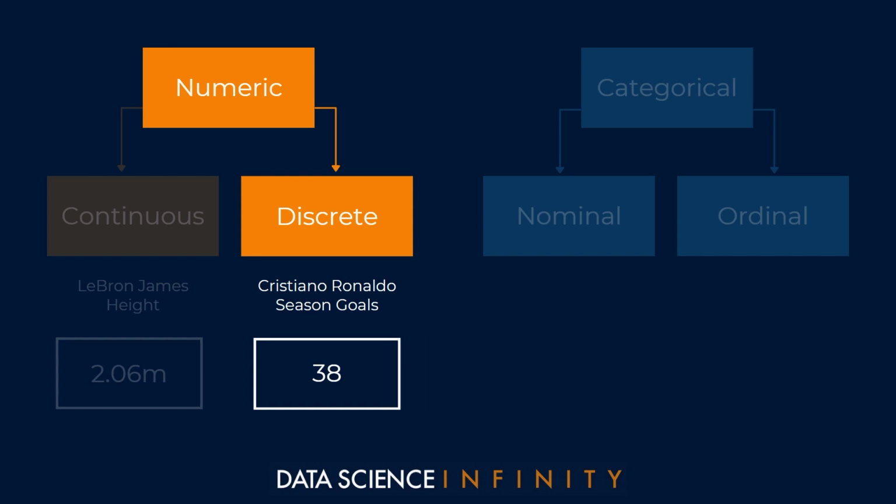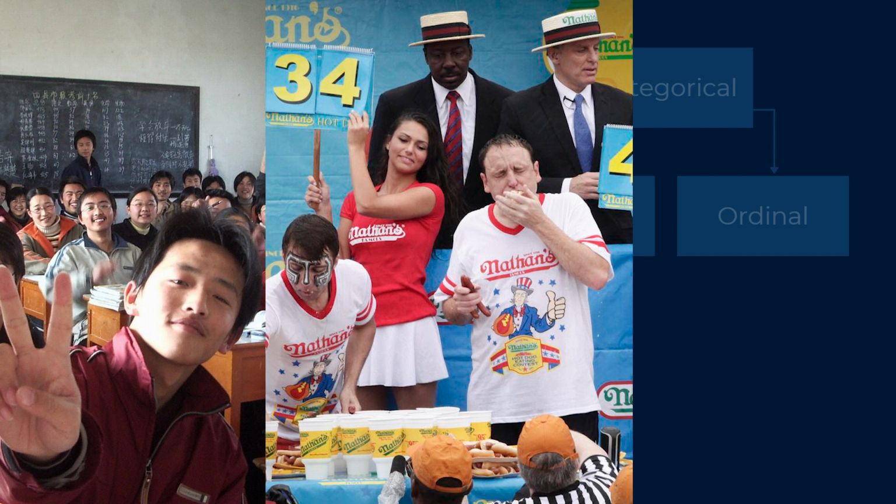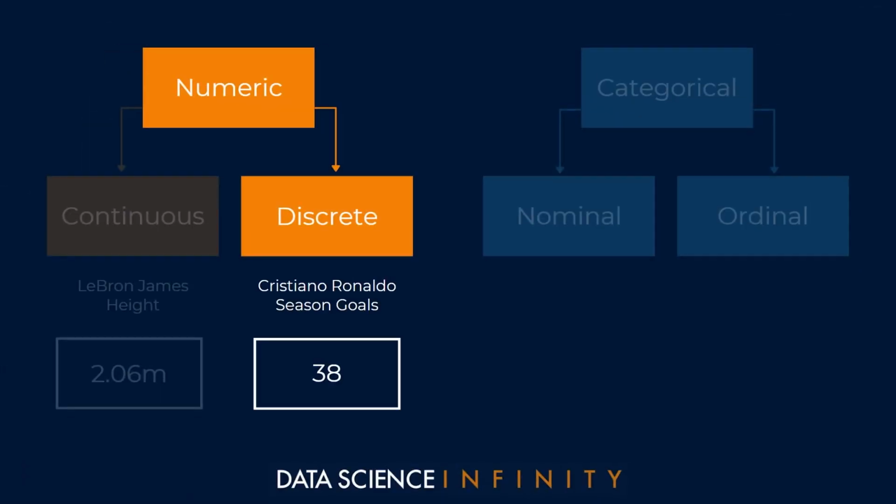There are no half or quarter goals. And that really is the difference. Where continuous numeric data could be divided or made more granular, discrete numeric data is essentially counted data using whole numbers. Other examples could be the number of students in a school, the number of entrants in a competition, or the number of days in a year. So that is a quick overview of numeric data.